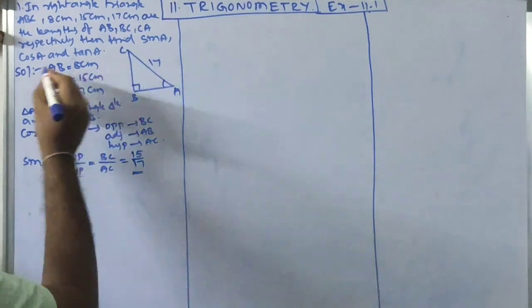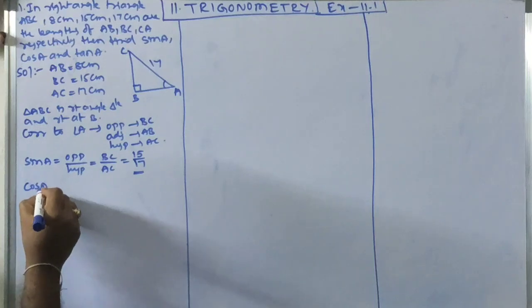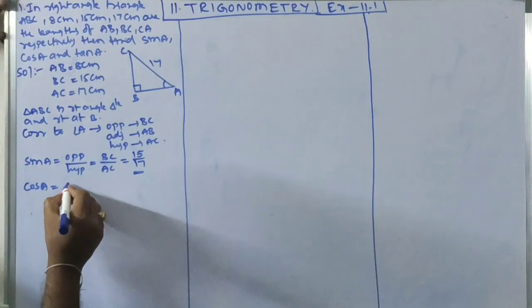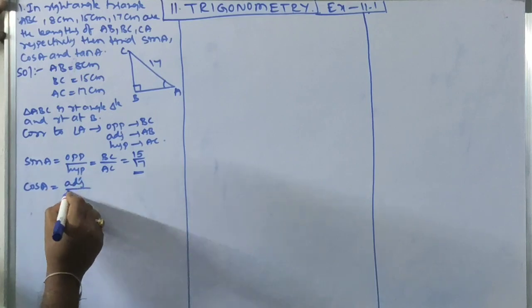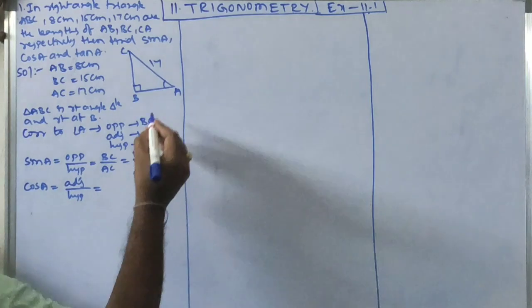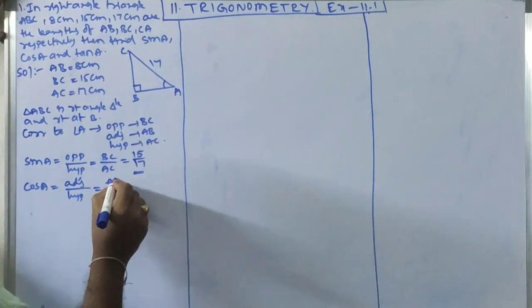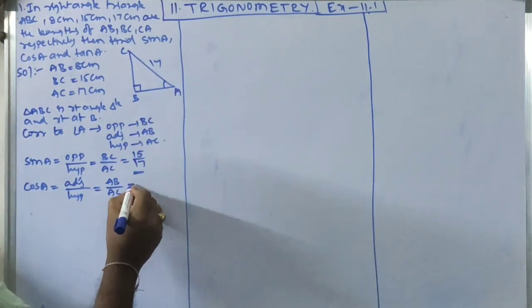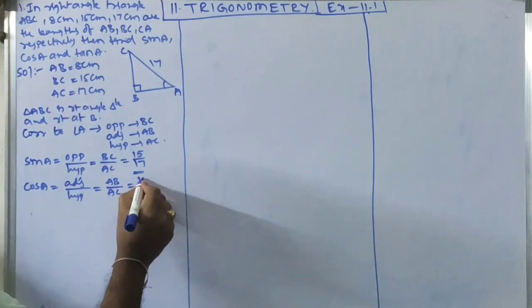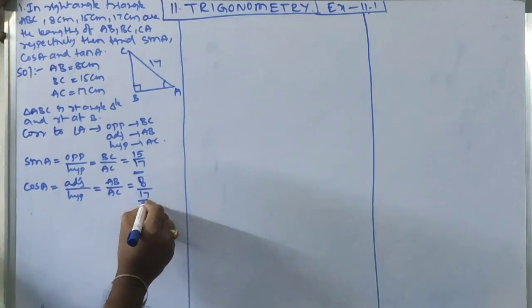Next, cos A. Cos A equal to adjacent by hypotenuse. What is adjacent to angle A? AB by hypotenuse AC. AB equal to 8, AC equal to 17.